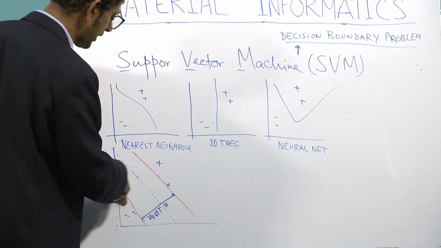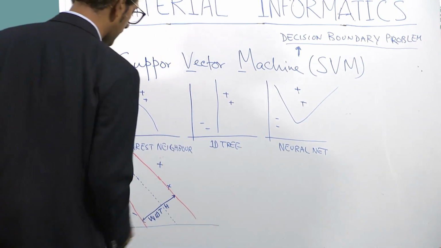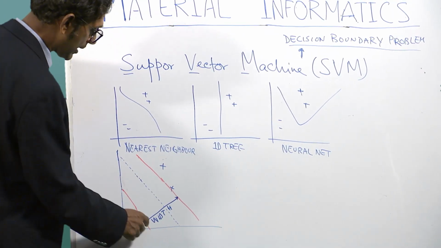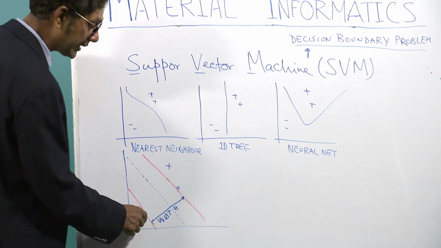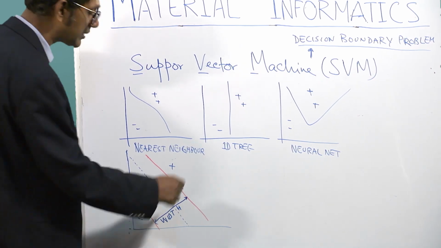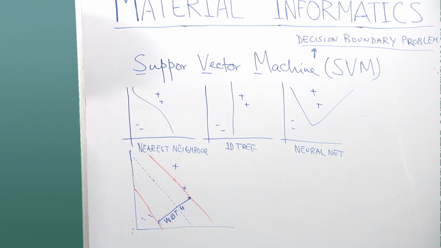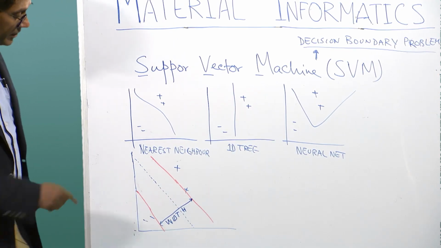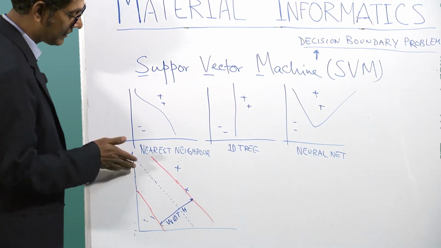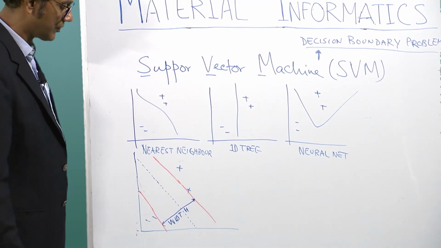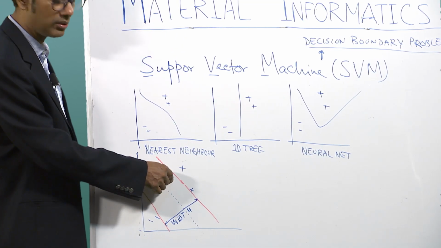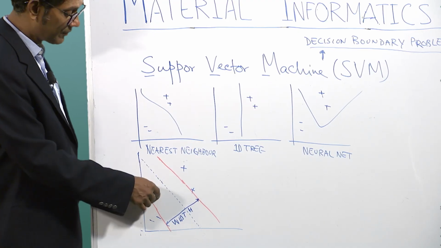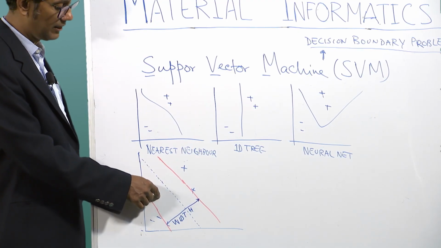This line is simply touching the negative point, and this line is simply touching the positive point, which are sitting at the boundary. So these two are my gutters, this is the center line of the road, and vehicles can move like that. Anything falling on this side of the road is positive, anything falling on this side is negative, right.